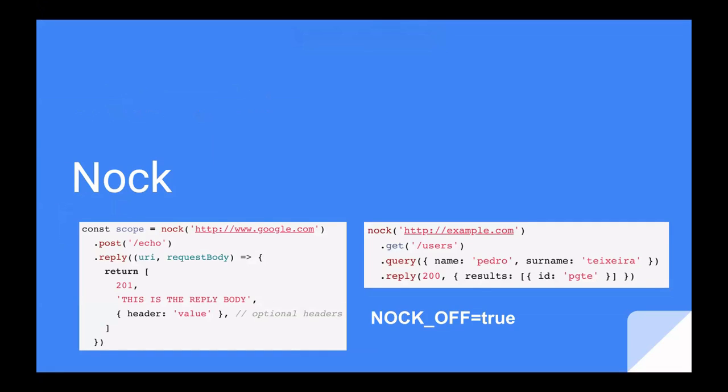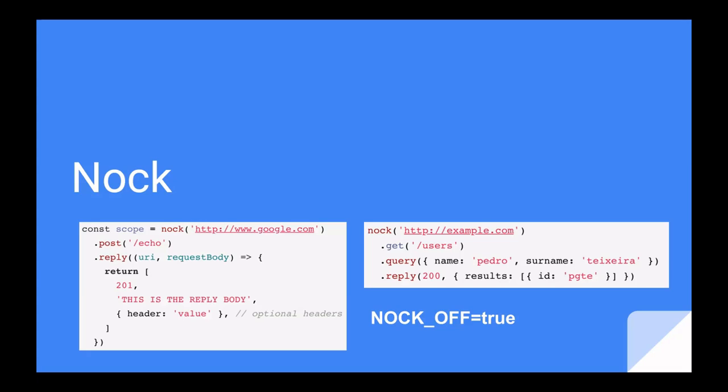Similar to how we set up in Supertest, we just intercept the URL, we set up the request that we want to intercept, and then we reply with a mocked response. Again, super simple. We can just return the status code. In this example, it's a text response, and any headers that we want in that response.